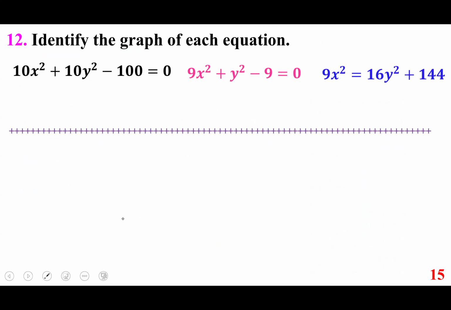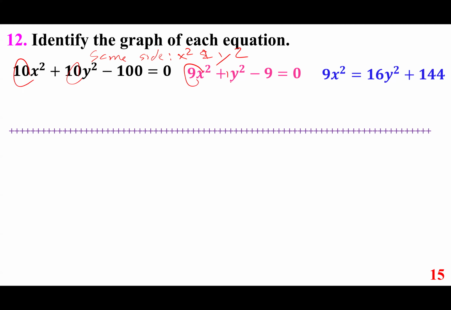Identify the graph, and we are talking about conic sections. What you should recognize is that when we have x squared and y squared, it's either a circle, ellipse, or hyperbola. You bring them to the same side. Notice the same side, these two are identical. So same side, x squared and y squared identical gives you a circle.